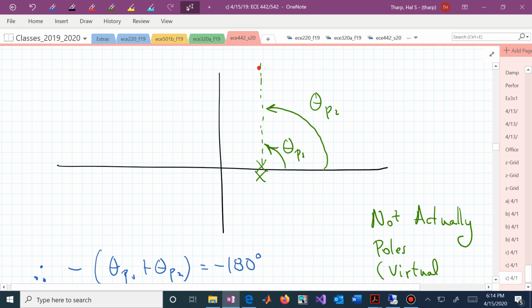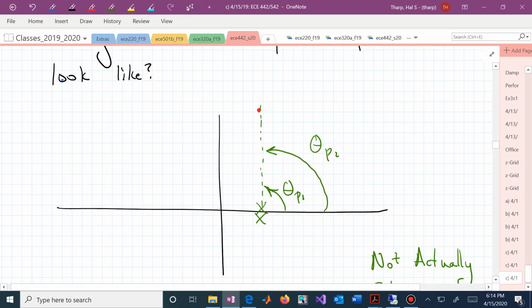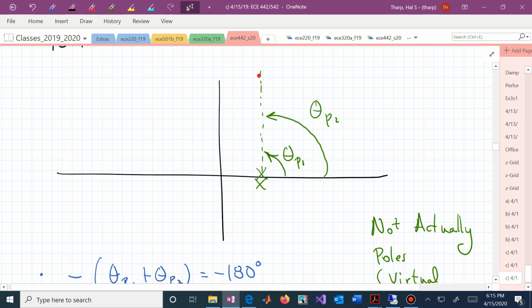These are the aggregate poles that this pattern looks like when we are a far distance from that region that's close to the origin in the complex s-plane. We can now determine what angle these 2 aggregate poles make to a point a far distance from those aggregated poles and zeros.